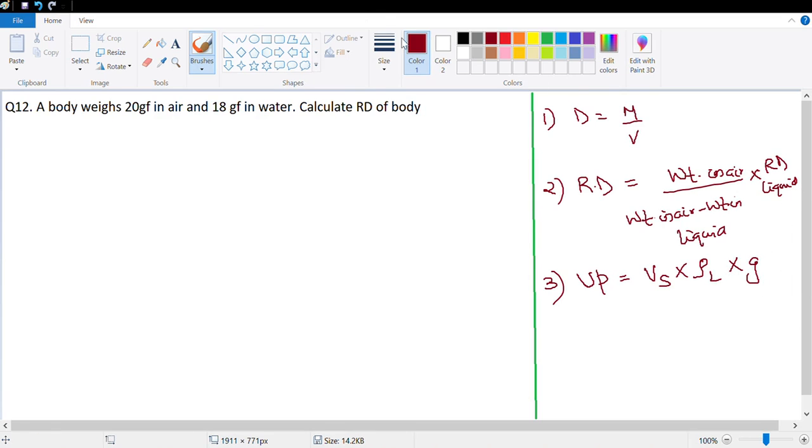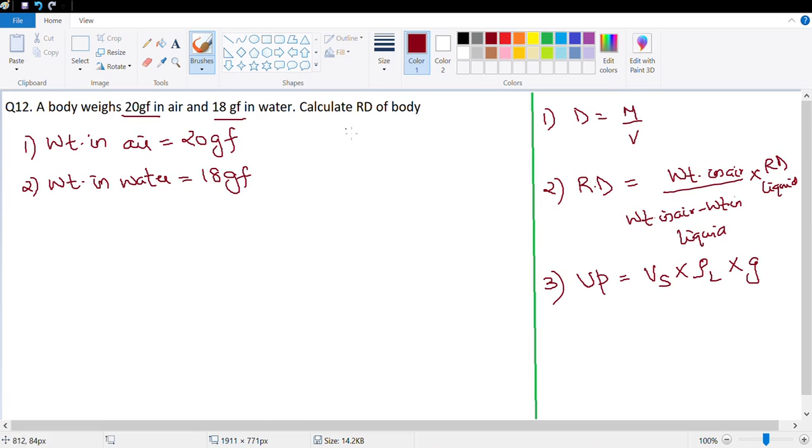Let's solve another question. So it says a body weighs 20 gram force in air, which means weight in air is equal to 20 gram force, and 18 gram force in water. So weight in water is equal to 18 gram force. Calculate relative density. We know, let's call this W1, let's call this W2.